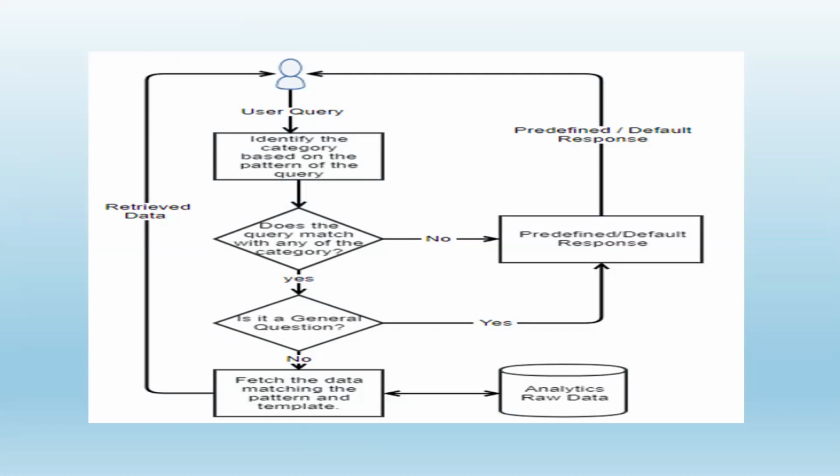If it falls under certain categories like general or domain category, then it is going to fetch the predefined responses and give them to the users. If it does not come under the general questions, then it fetches the data with the matching patterns and the templates from the analytics raw data, and the data is retrieved for the users.